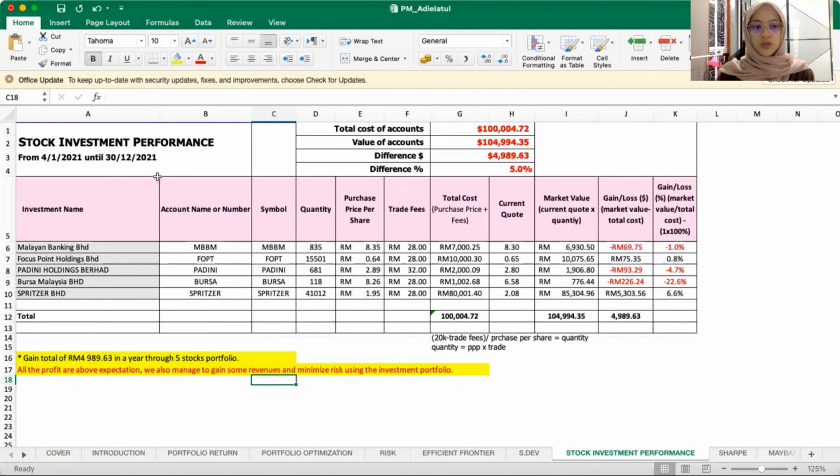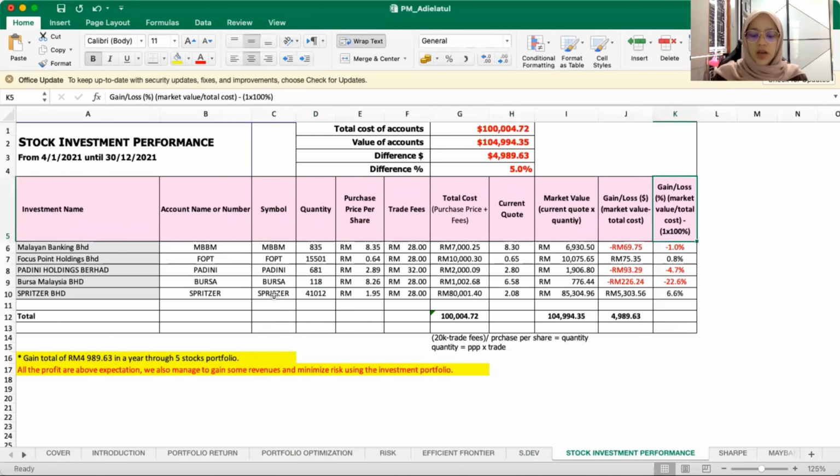Okay, so moving to the next finding, this is my stock investment performance. Total account is 100,004 ringgit and 72 cents. Differences, this is my total profit. The difference is 5%. As you can see, this is my investment companies' names.